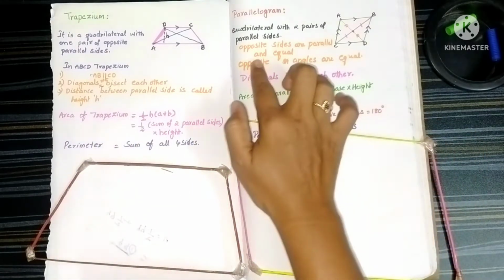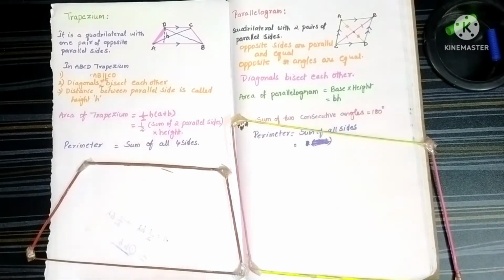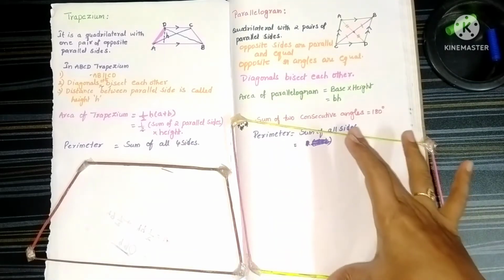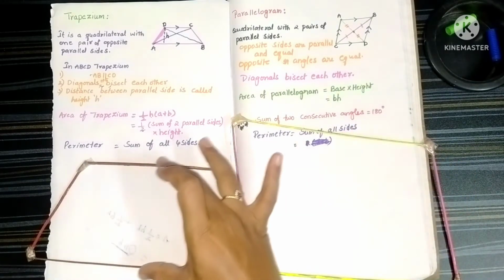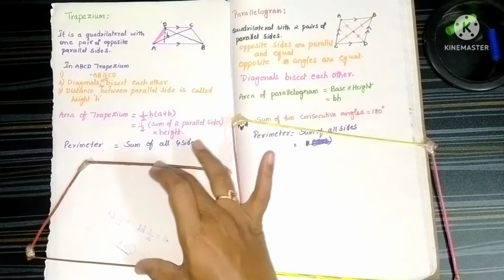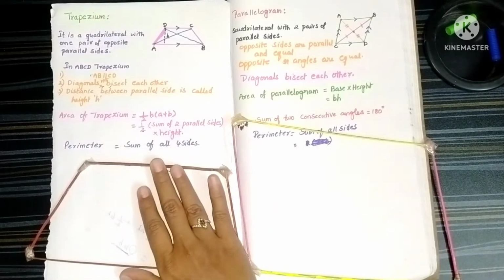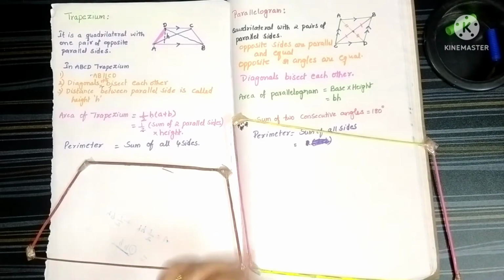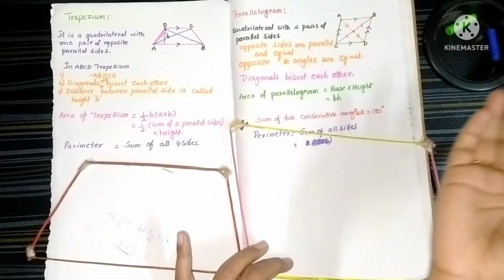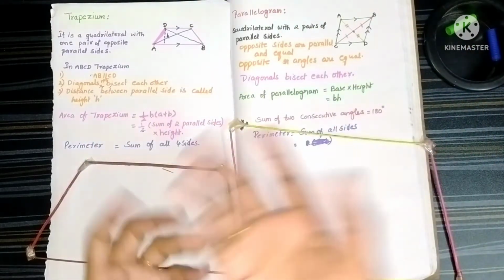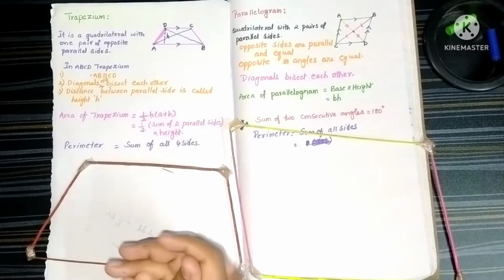Next, opposite sides are parallel and equal. In a trapezium only one pair of parallel sides, but here two pairs of parallel sides are there. And opposite angles are equal, and there is no point for angles in a trapezium.